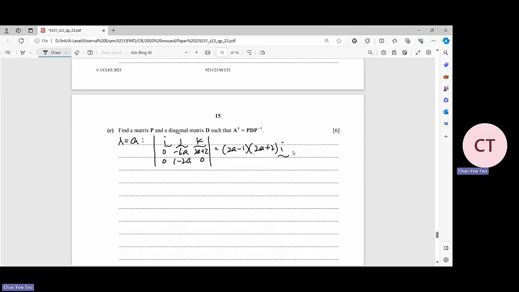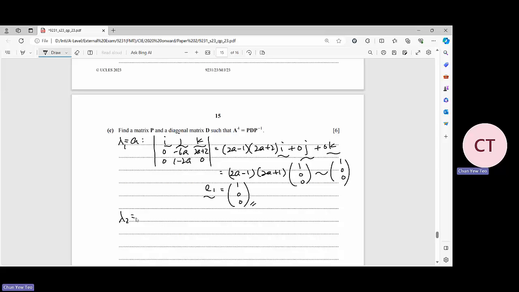And for the j, you will get 0j and 0k. So you can factorize this one out. And this whole thing will give 1, 0, 0. Okay, so therefore your E1, I call it lambda 1, my eigenvector number 1 will be 1, 0, 0.